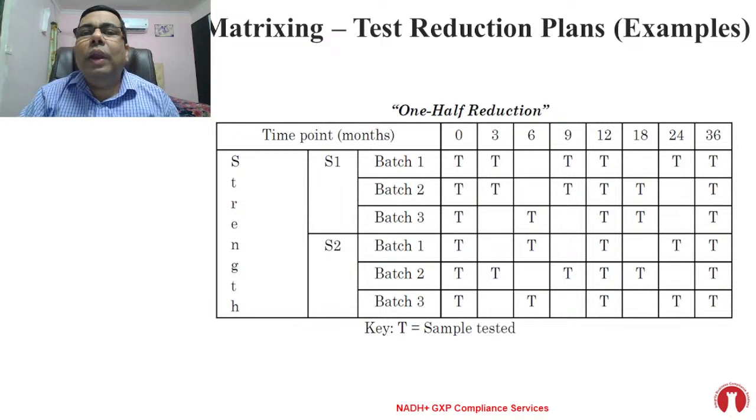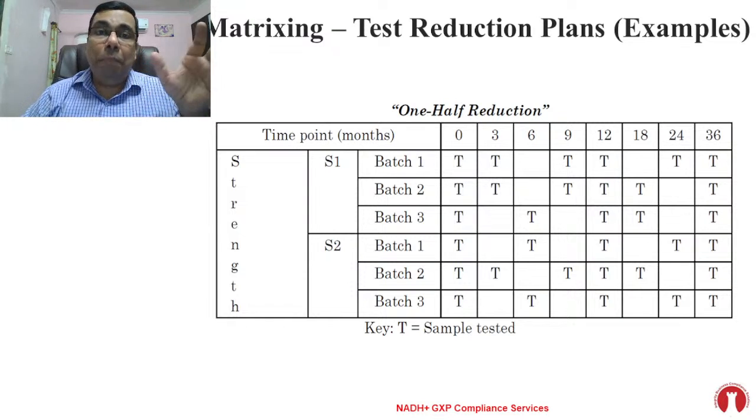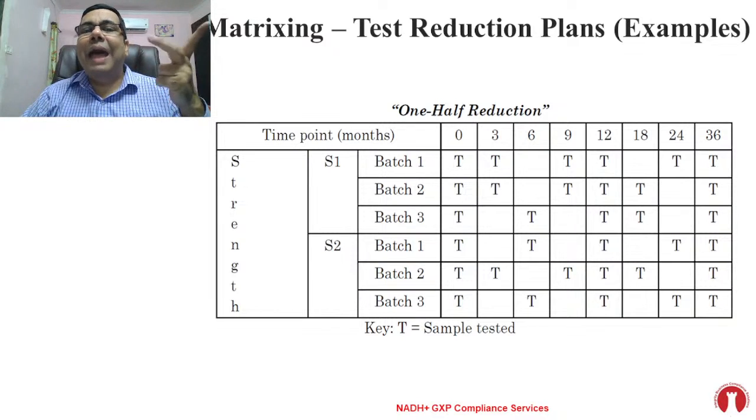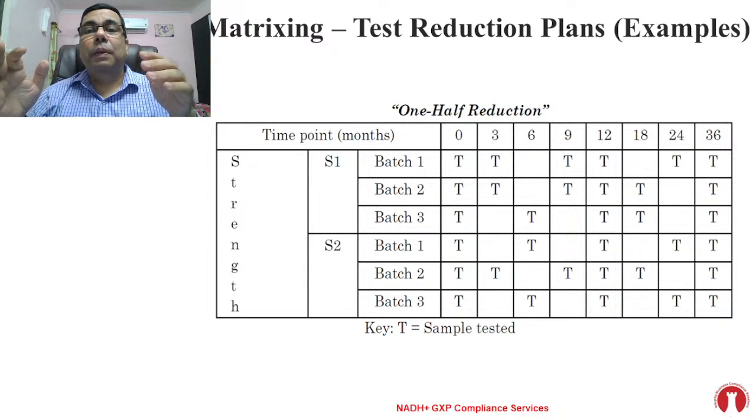Now why it is called 1/2 reduction, that I am explaining to you. If you calculate how much testing should be there normally without the reduction plan, for 3, 6, 9, 18 and 24, 5 stations are there, and total 6 batches. That means 30 testings are required, correct?